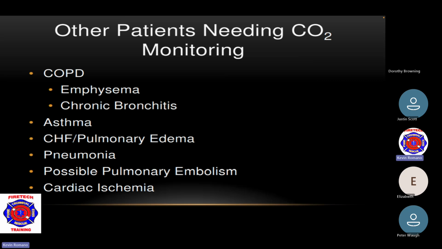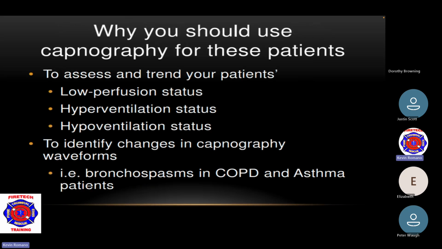Other patients needing end-tidal monitoring will be COPD or emphysema and chronic bronchitis patients, asthma, CHF, pulmonary edema, pneumonia, possible PEs, and cardiac ischemia. So why should we use capnography? To assess and trend your patients' low perfusion, hyper and hypoventilation statuses, and to identify changes in capnography waveforms, like the bronchospasm patient and the COPD and asthmatics.